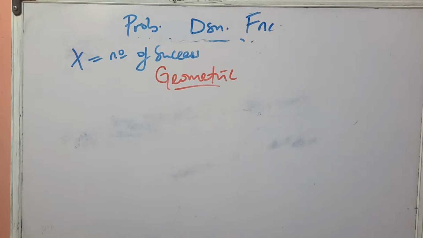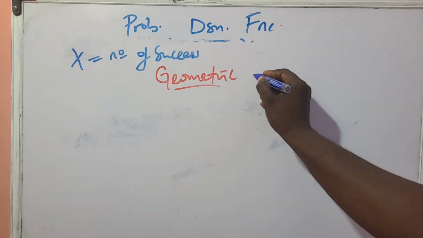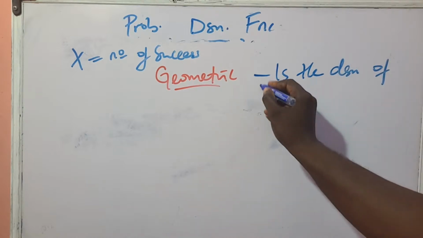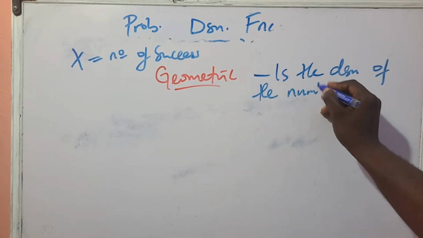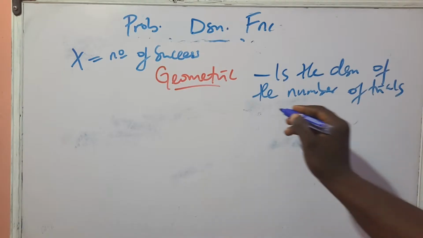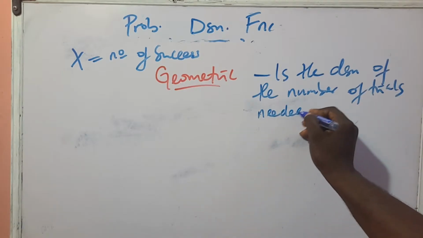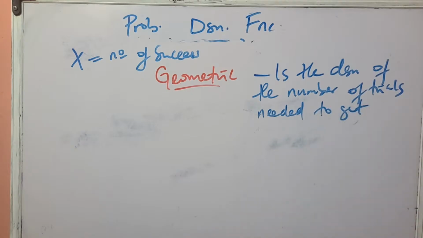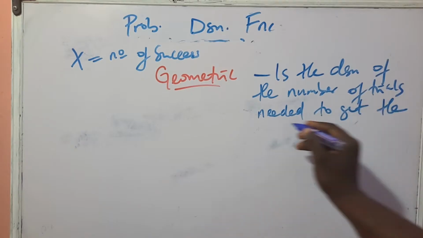Geometric, as I said, is the distribution of the number of trials needed to get the first success.